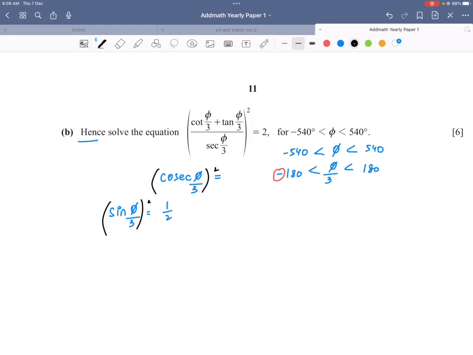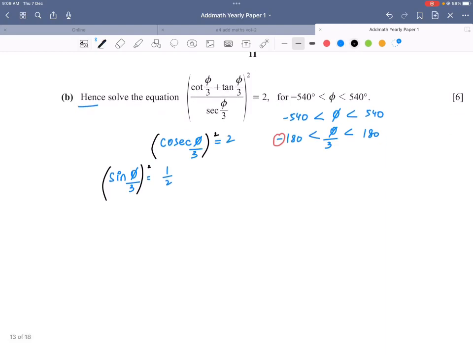Alright. So this is the equation given in the question, right? When you apply under root of it, it will be sine psi over 3 is equals to plus minus under root of 1 over 2.